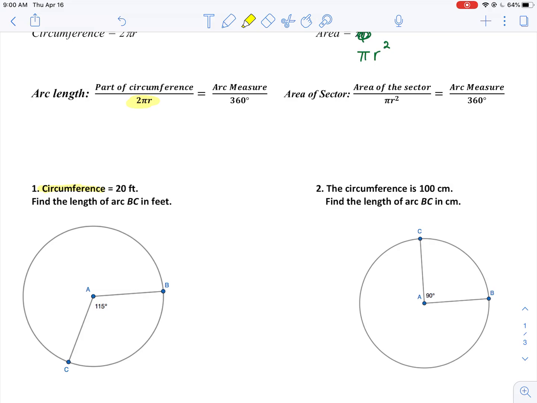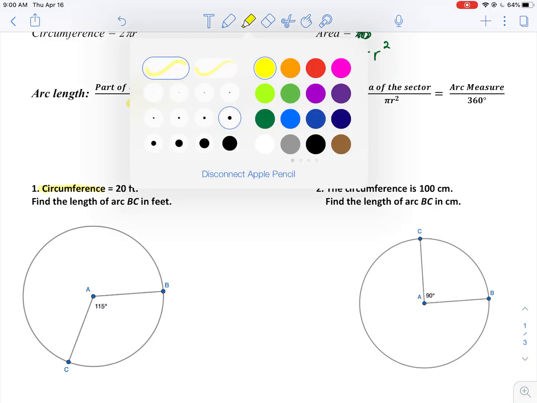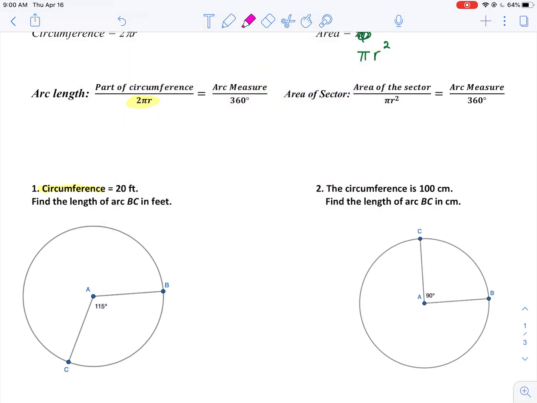Now, what we need to look for initially is what am I given, and how can I use that in my formula? So here I'm given the circumference, which I know is 2 pi r, and I want to find the arc length. So I'm given the circumference, and what else am I given?